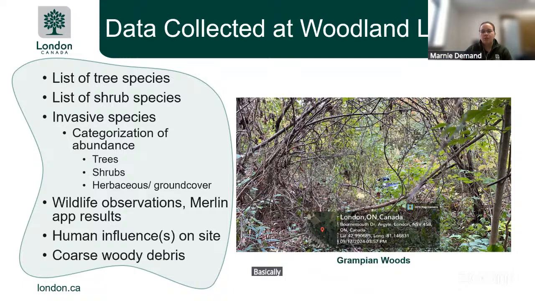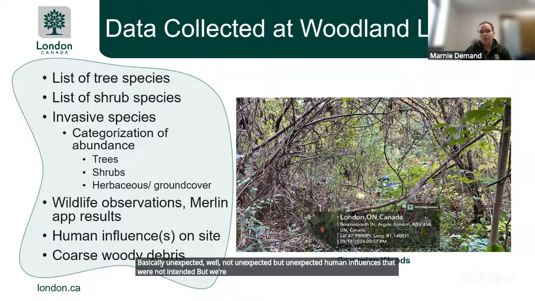Basically, human influences that were not intended but were present, in terms of degradation and damage to the woodland. And then also a qualitative description of coarse woody debris on the site.